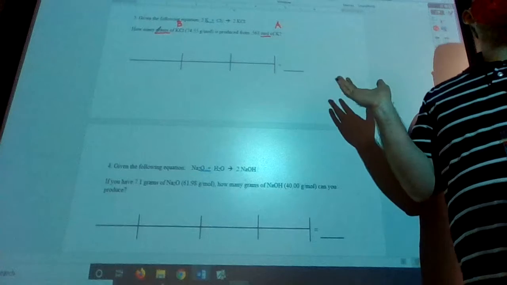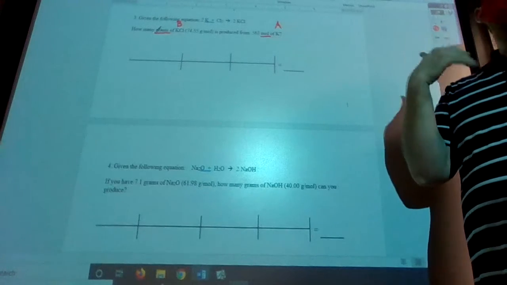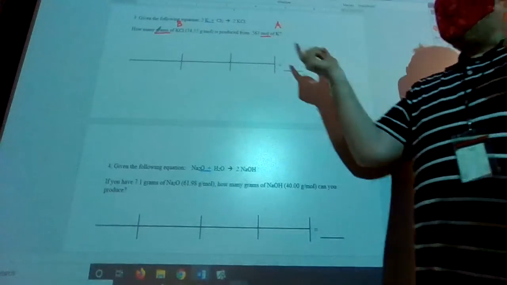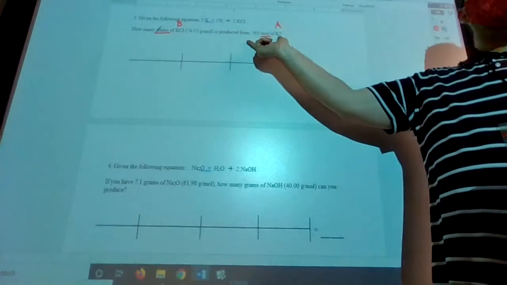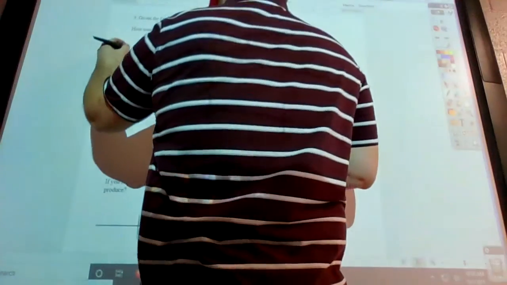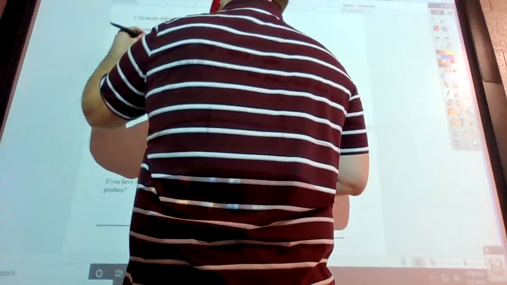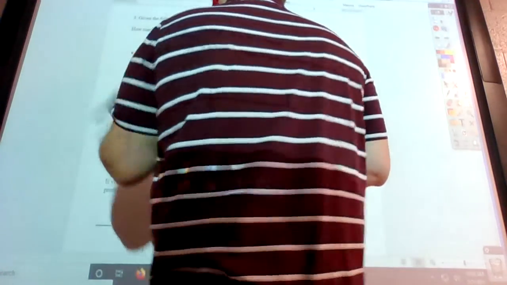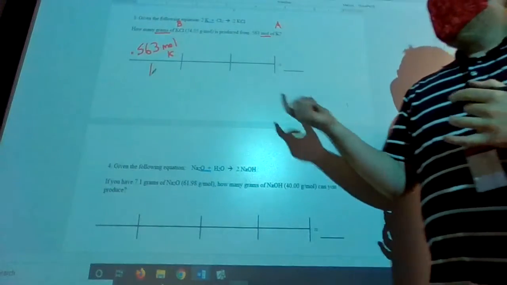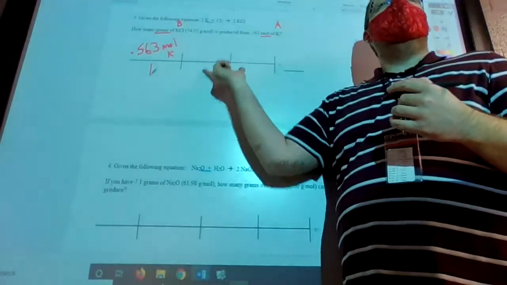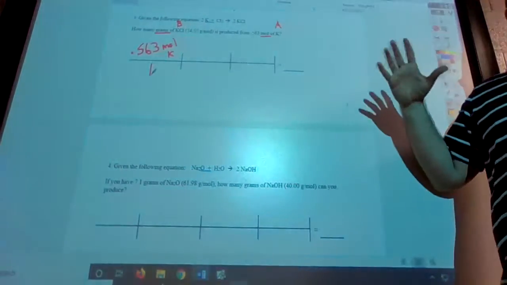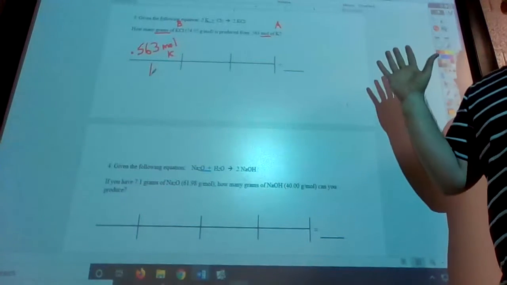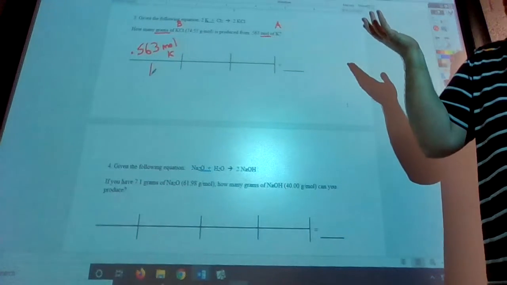Now, another thing I can do when I set this up, just to make it a little bit easier for myself, I'm always going to start with my starting number, right? So let me go ahead and put that in. I got 0.563 moles of K over 1. I can write down what to do in these boxes from my flow chart before I get started. That way it's just a little bit more information for me.